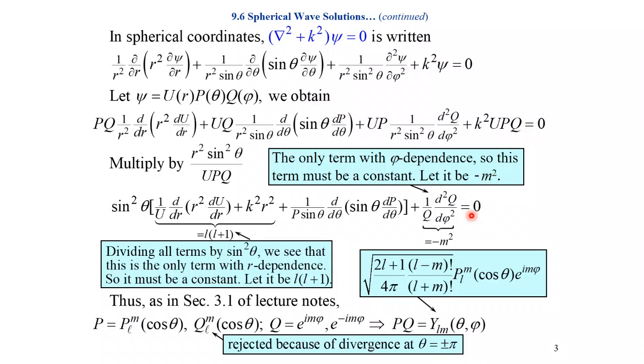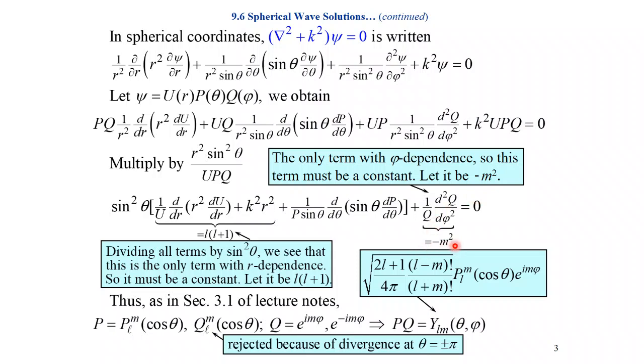Okay, the simplest case is this term, the only term with phi dependence. So this term must be a constant. Let it be minus m squared. These terms should be decoupled from the other terms, so it must be a constant. But the problem is, why is it minus?